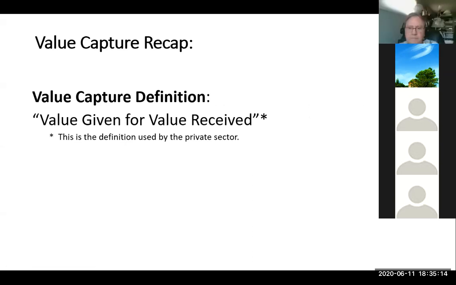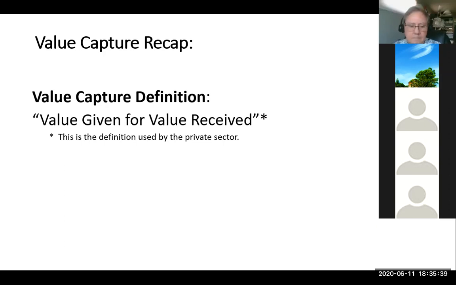We talked last week about value capture. And as I mentioned, a lot of people have defined that term in a very sloppy way, or not at all. So just for the sake of making sure we're all on the same page, I have defined value capture very simply: value given for value received.